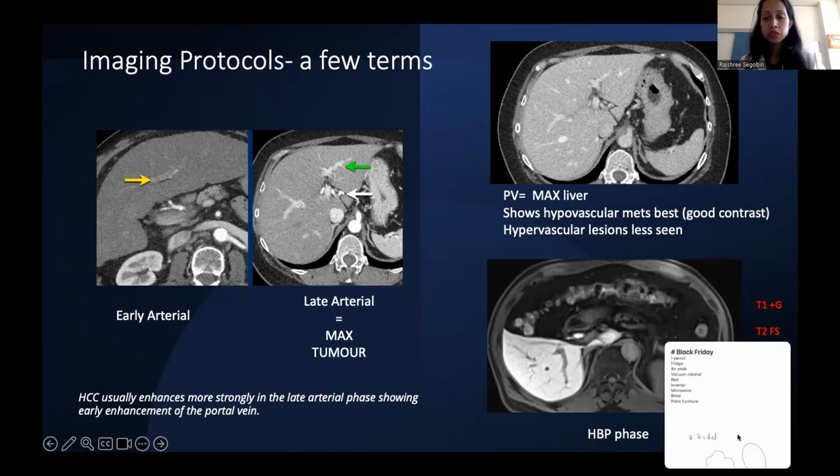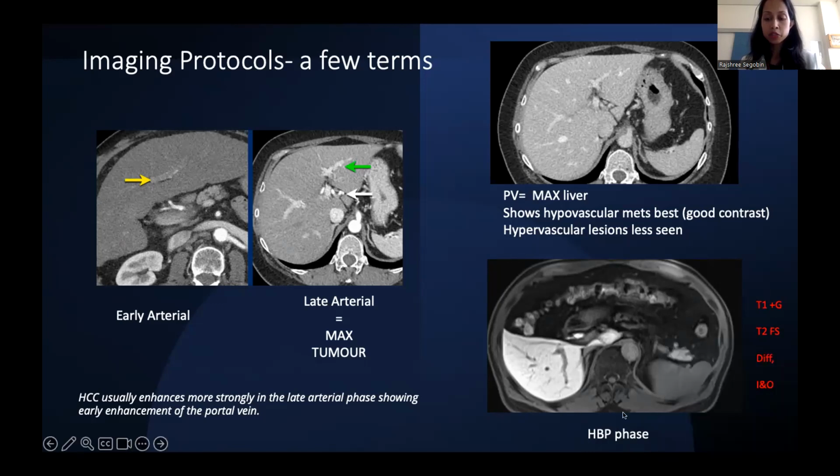And more specifically, we have hepatobiliary phase agents, which have contrast excretion within the biliary tree, as well as here you can see the hyperintense parenchyma and hypointense vascularity of the normal liver structure.